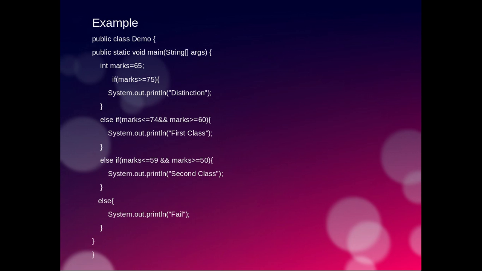If both conditions are false, then it will check the third condition. If marks is less than or equal to 59 and marks is greater than 50, that means the marks are between 50 and 59, that means second class. And if this condition is also false, then it will print the message System.out.println fail. That means the student fails if he scores marks less than 50.